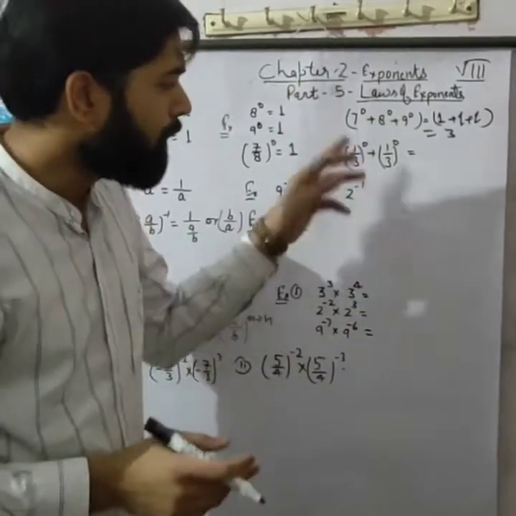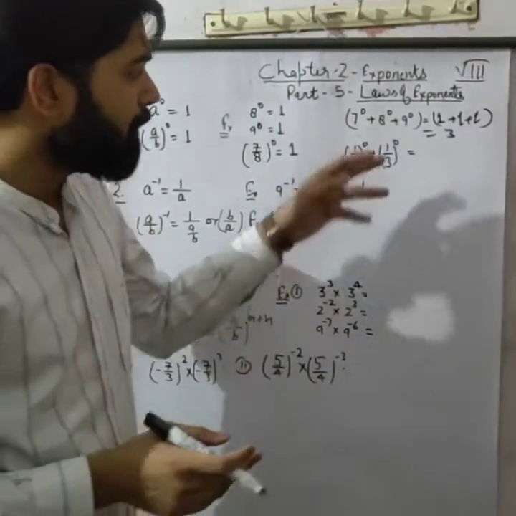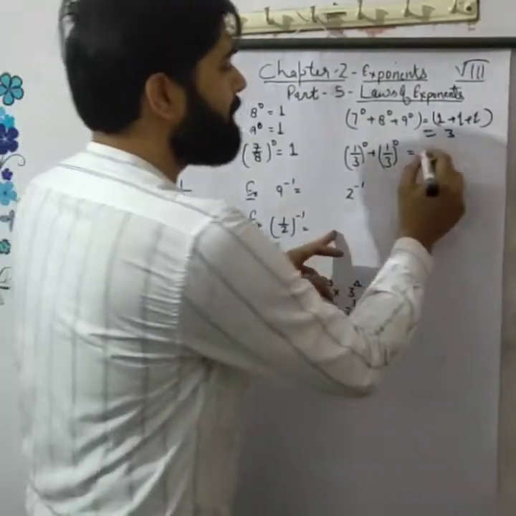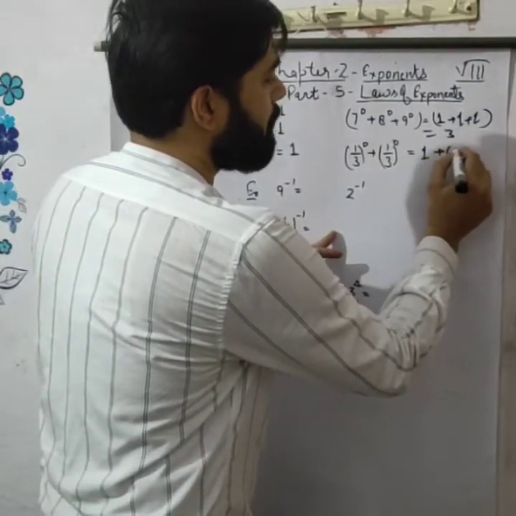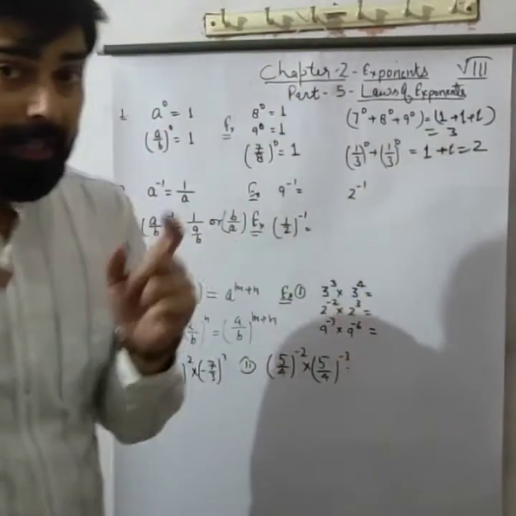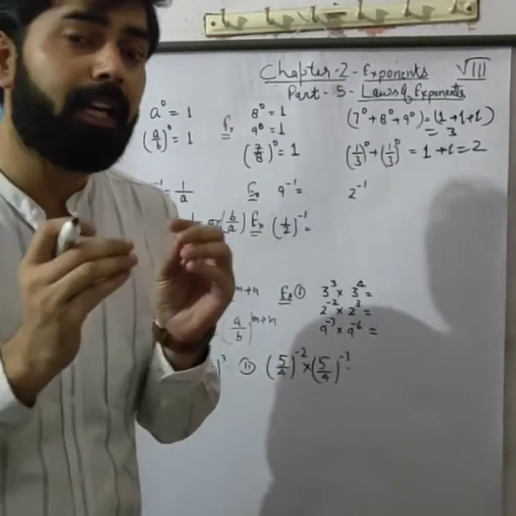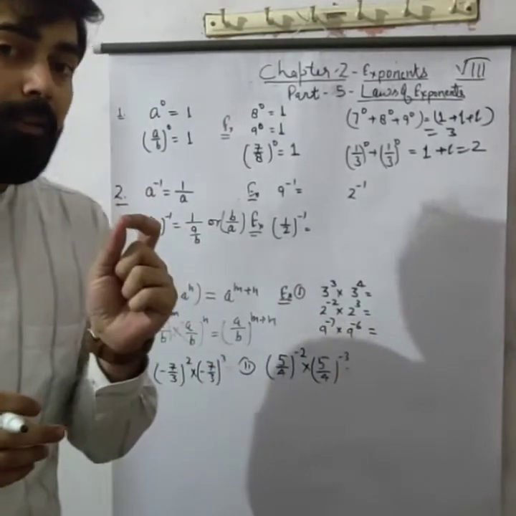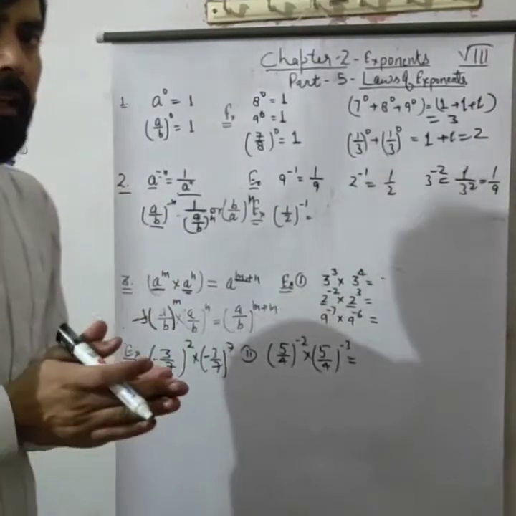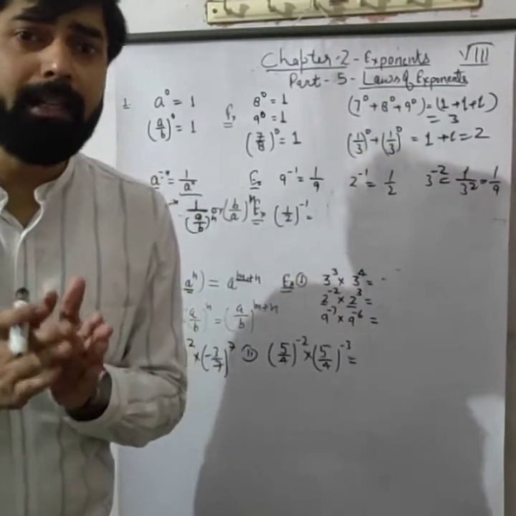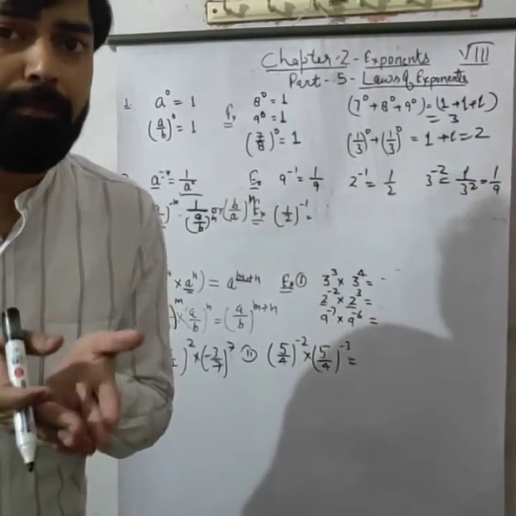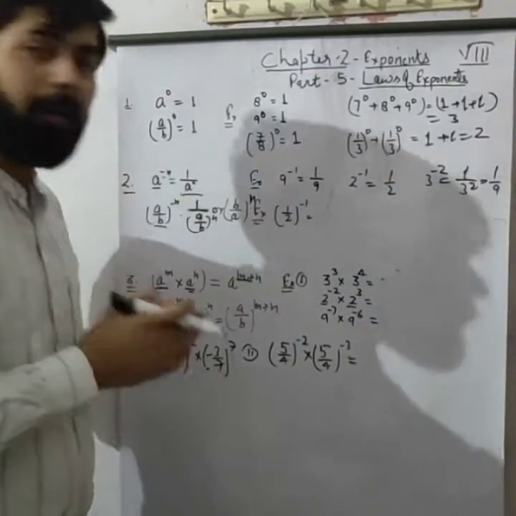Then look here: 1 upon 3 raised to the power 0 plus 1 upon 3 raised to the power 0. What is the value? 1 plus 1, then the answer will be 2. So keep in mind, if any non-zero number is raised to power 0, then the value will be 1.